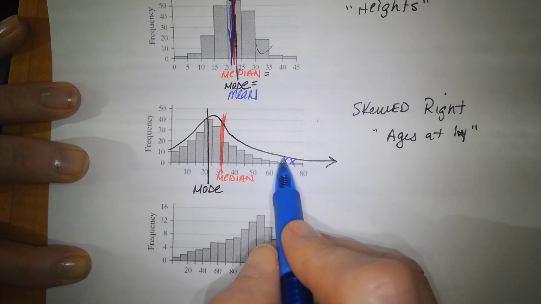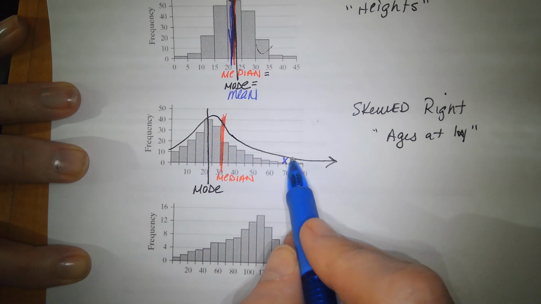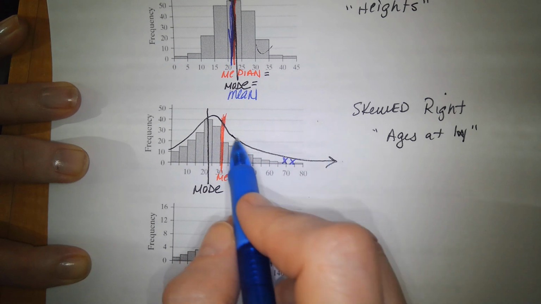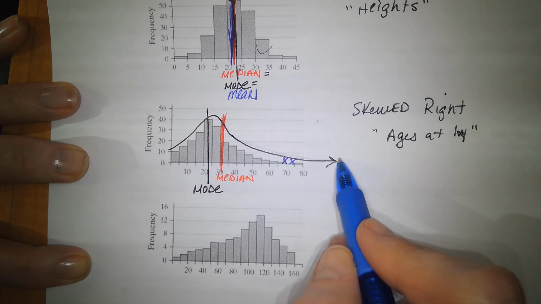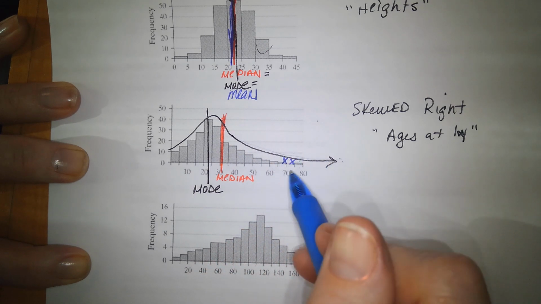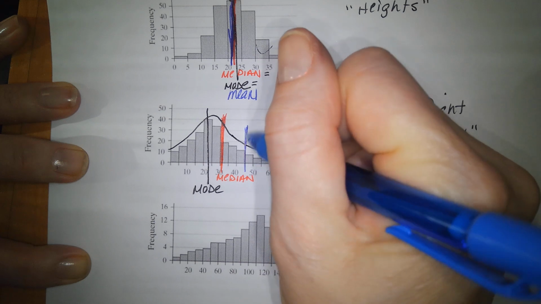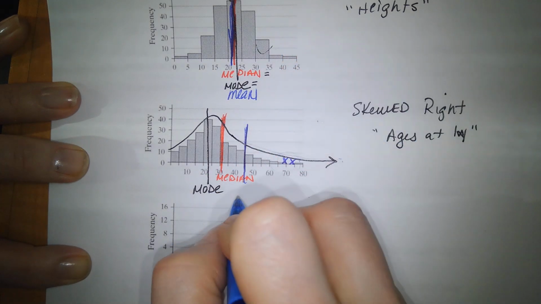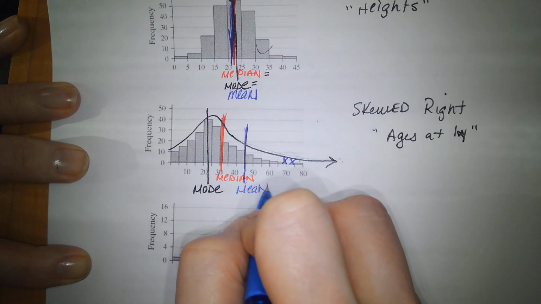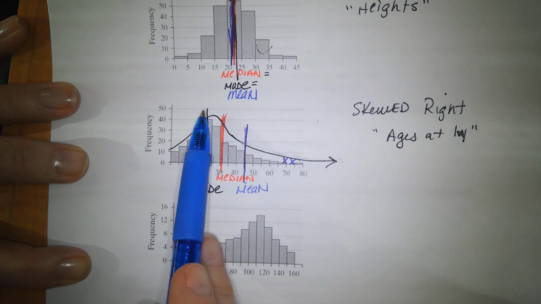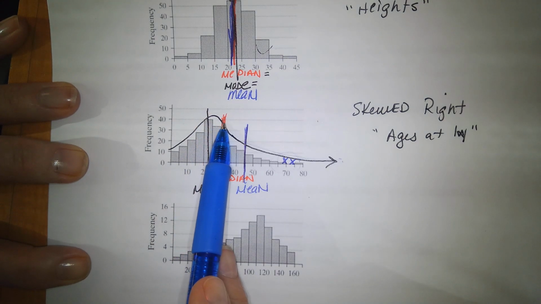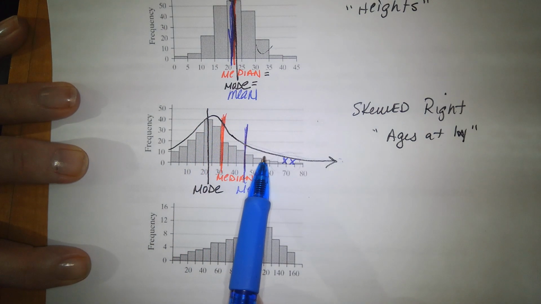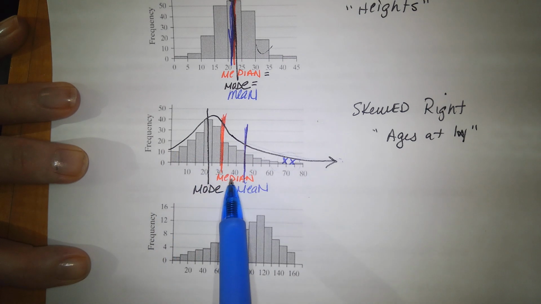And since those are such big numbers, they're really skewing the data in that direction, pulling this graph to the right. So the mean, because of these outliers, is going to be in the tail. So the mode will always be the peak. Median and mean will always be in the tail in that order. So in this case, median will be smaller than mean.